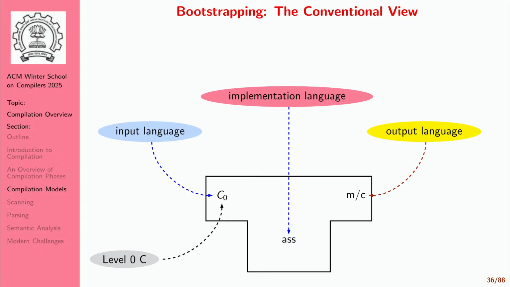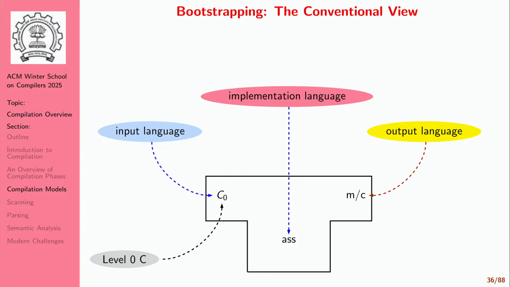You can write the code for C0 in the assembly language. So your input language is now level 0 C, minimal C. You have an assembler in which you have implemented a compiler that takes C0 and gives you machine language. You have the lowest level compiler. Because of this, now you have a compiler for C0.